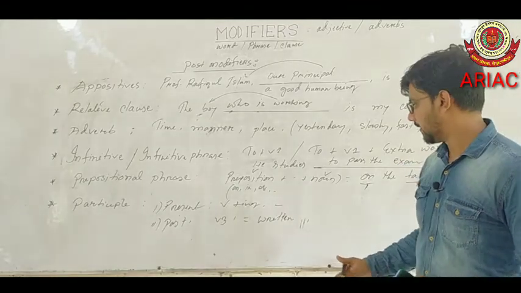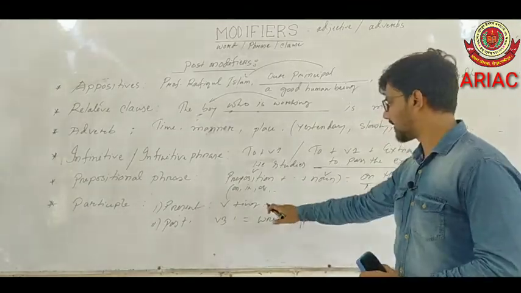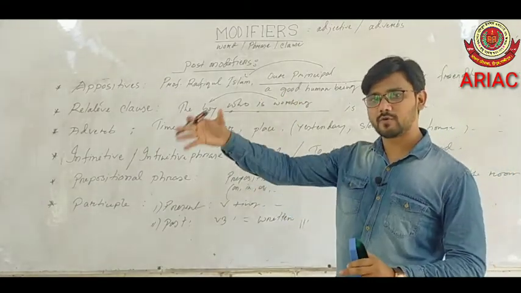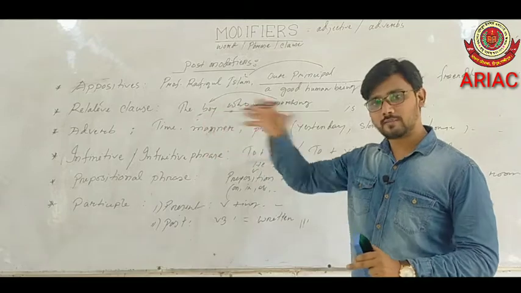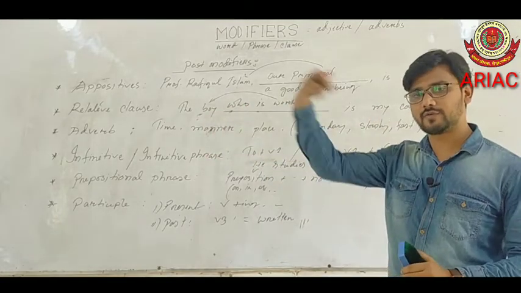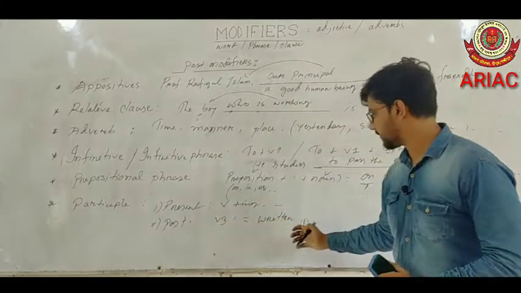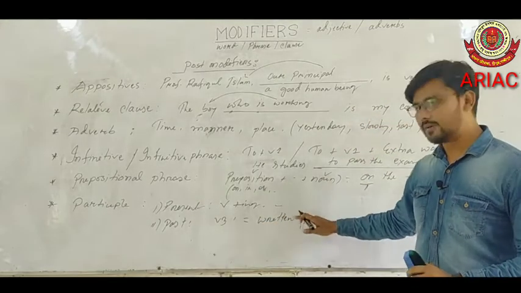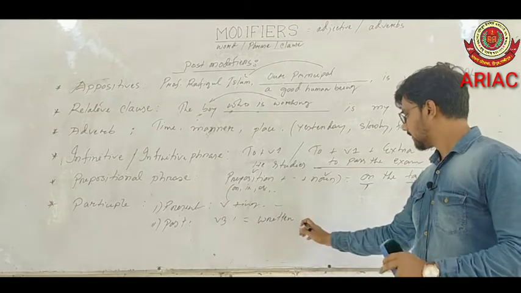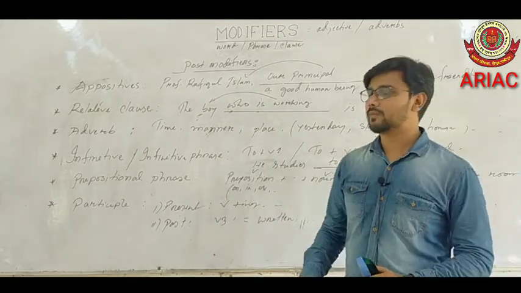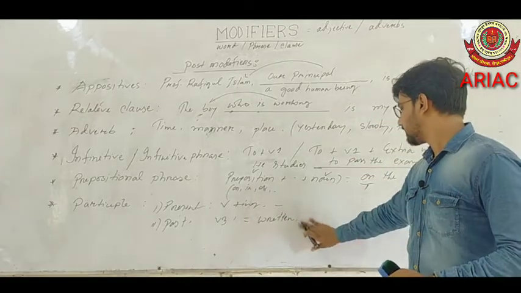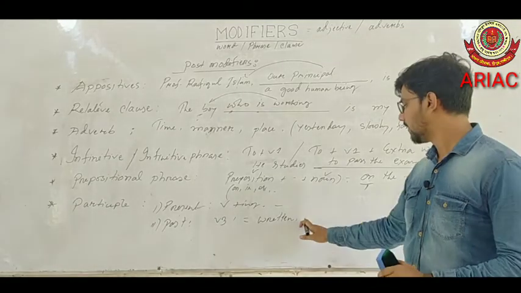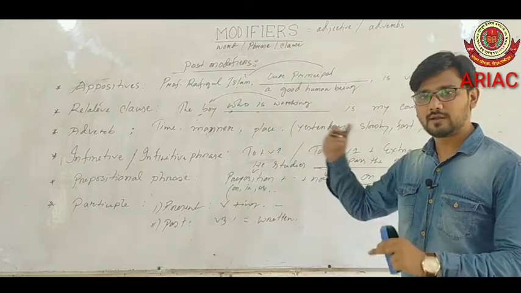I saw the bird flying. Here the word flying modifies the bird. And the past participle: the boy sitting on the chair is my cousin.